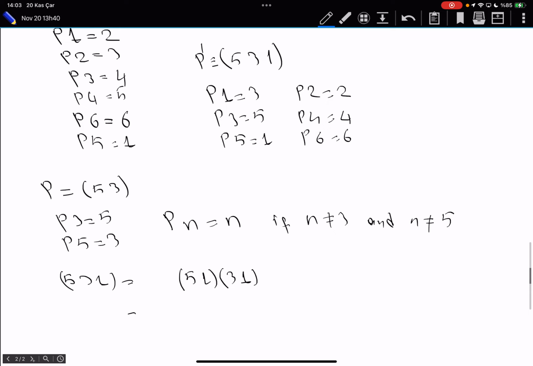Well, I can also write this as 3, 1, 4, 2, 4, 2, 5, 1. So if you give it 1 in the first line, 1 is converted to 3. Yes. And then 3 is converted to nothing. 3 is left by itself, so 1 becomes 3.